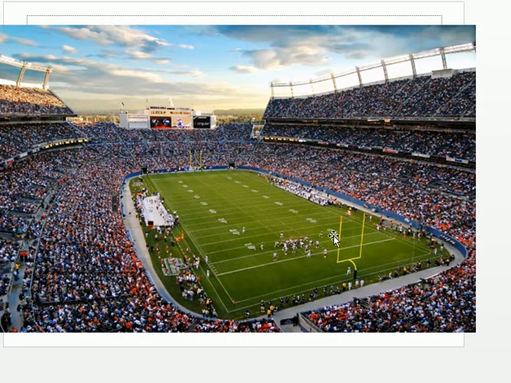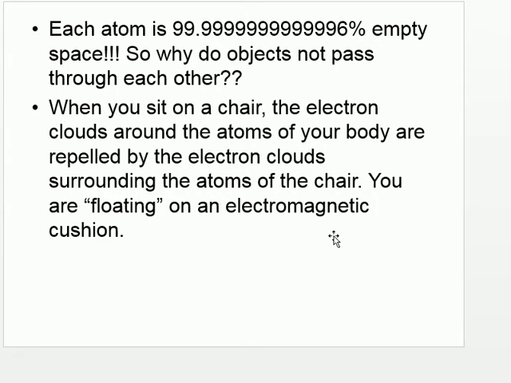An atom is almost entirely empty space, which, taken to its logical extent, means you are almost entirely empty space. The chair you're sitting on is almost entirely empty space. It's very weird to think about, but this is why we don't really draw atoms correctly, because they're mostly empty space. 99.99999999996% empty. Wow, that's a lot of empty space.